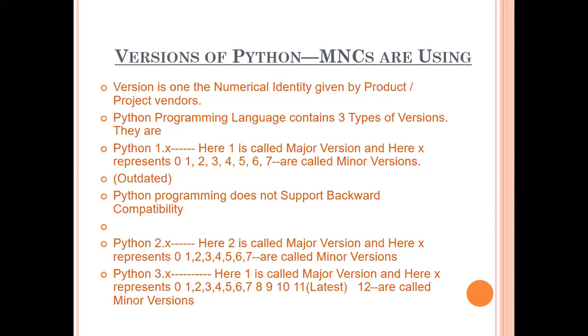Right now, the latest version is 3.12.1, where 3 is the major version and 12 is the minor version. When they make minor changes, they give it a name like 3.12.1 or 3.12.2.